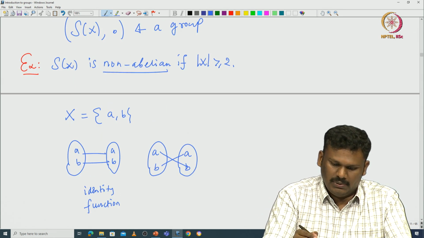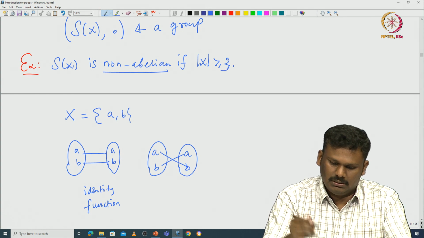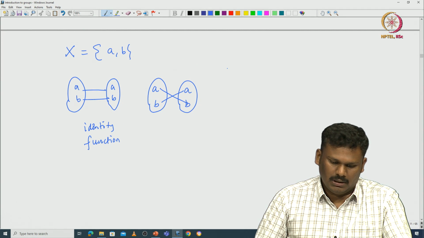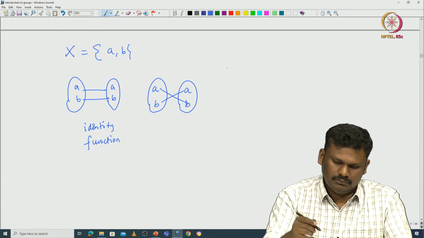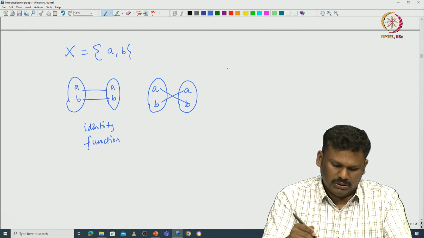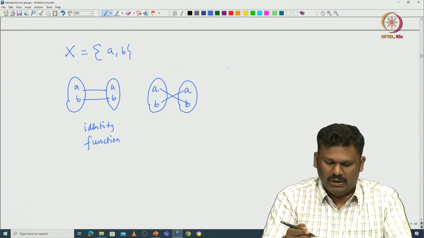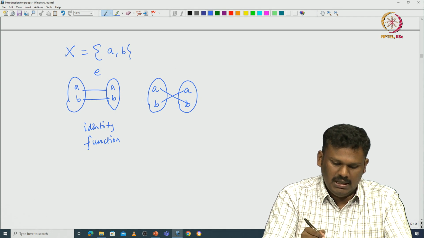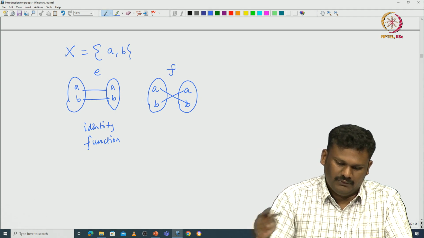So, this is non-abelian if its cardinality is at least 3. Okay. So, then you only have these two elements inside your group. So, this you can call e and then this you call f. Okay.